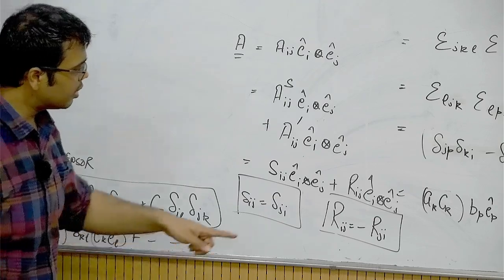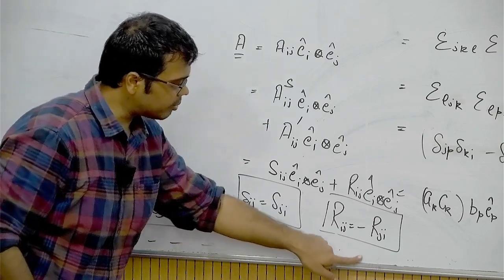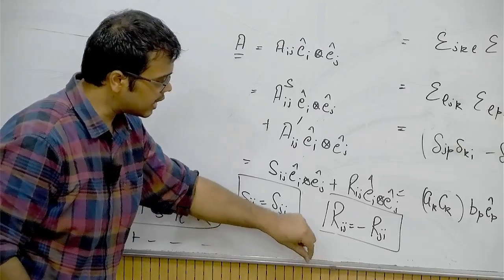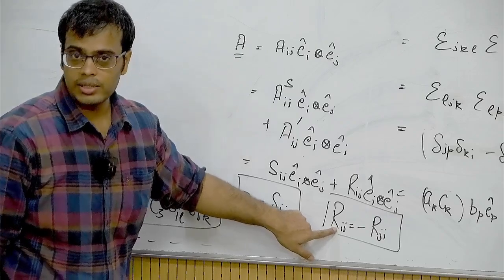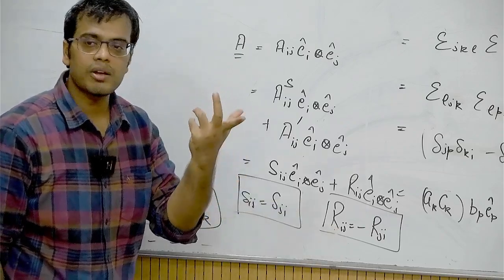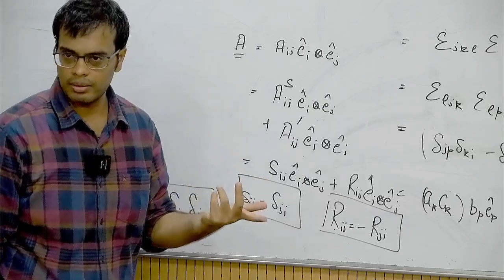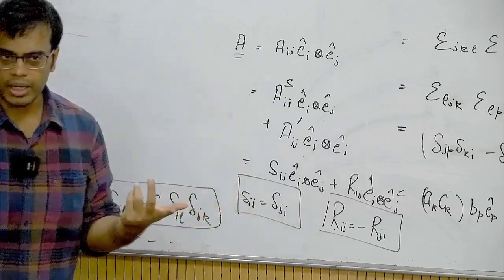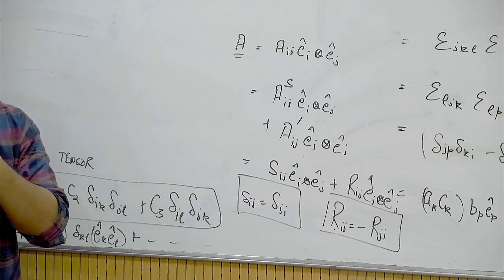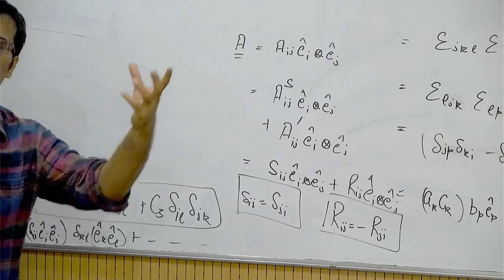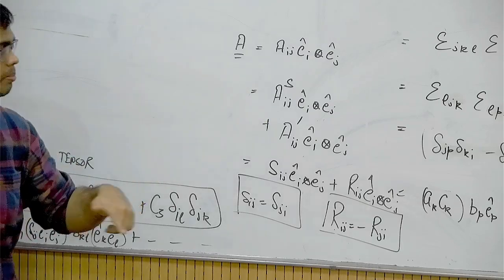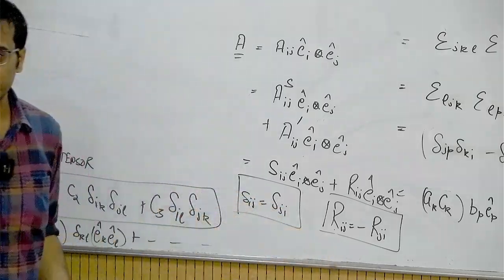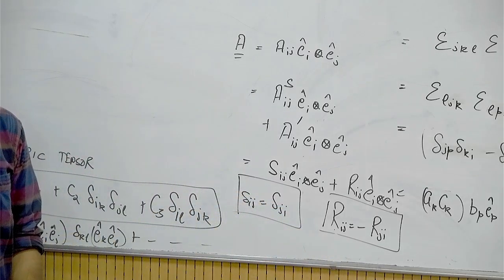One important thing I'm going to ask you to remember is that there are 3 independent components of an anti-symmetric second order tensor, which means there has to be some way in which we can write it as a vector. I'm not asking you to write the second order tensor as a vector. There must be some vector whose components can be brought into the positions of your second order antisymmetric tensor.